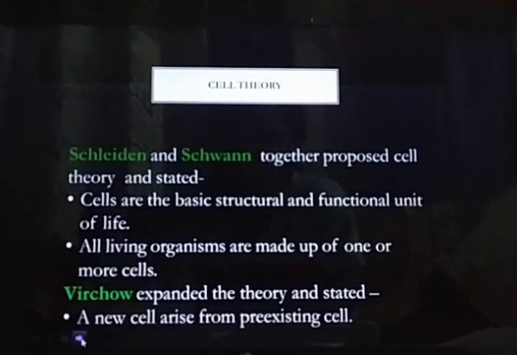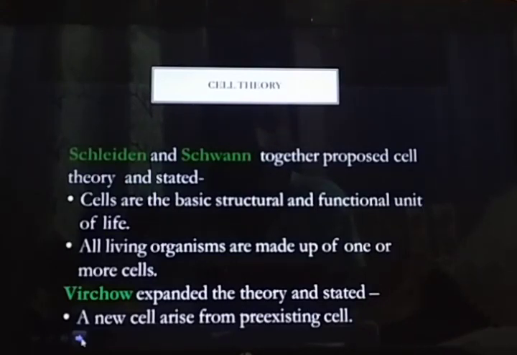Two scientists came up, Schleiden and Schwann. They gave a theory, known as cell theory. They gave 2 points for the cell. The cell is the basic structural and functional unit of life. That means that without a cell, life cannot exist.